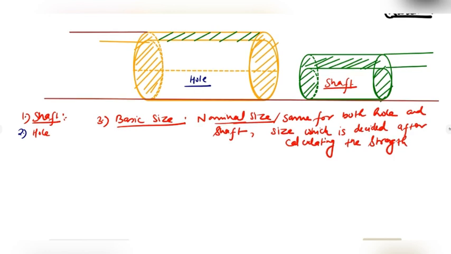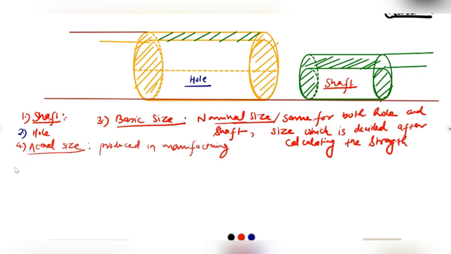Next is the actual size. What is actual size? Actual size is the size of the product produced in manufacturing.